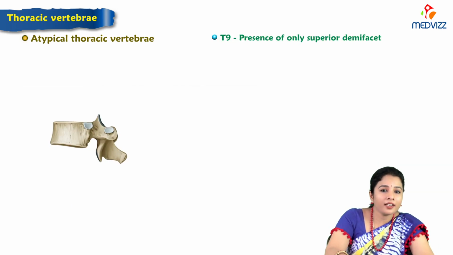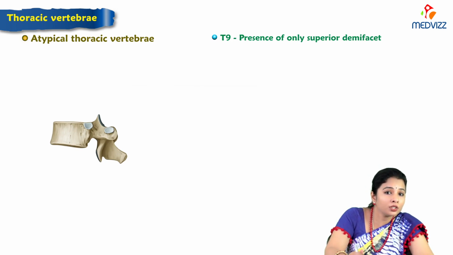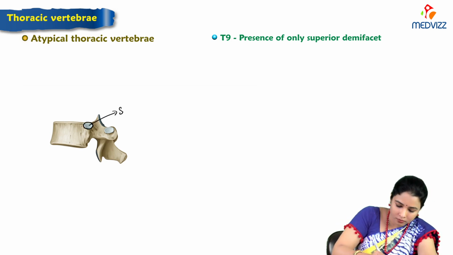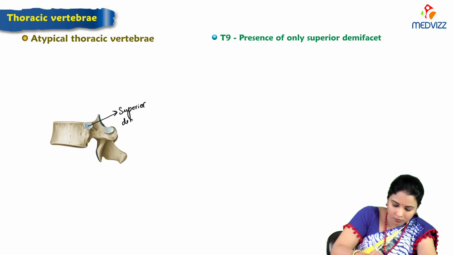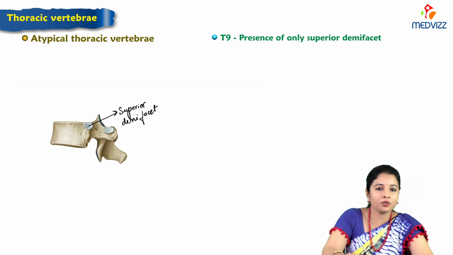The thoracic 9th vertebra is an atypical vertebra. It is identified by the presence of only a superior demi-facet. And you can see here there is no inferior demi-facet over the body.